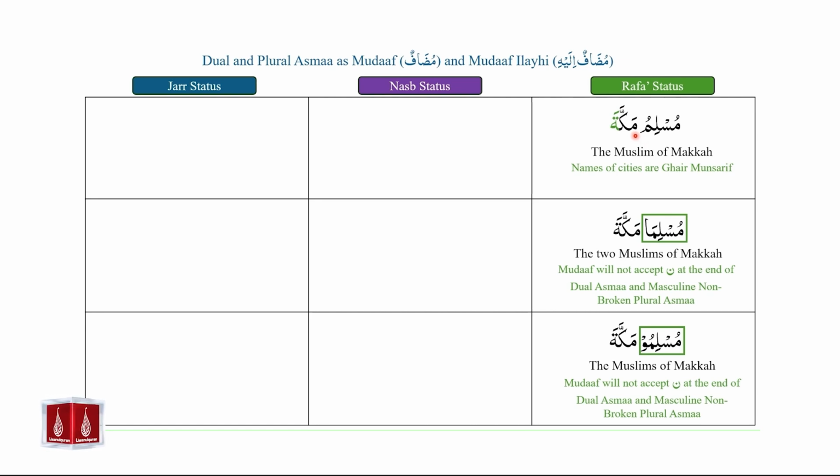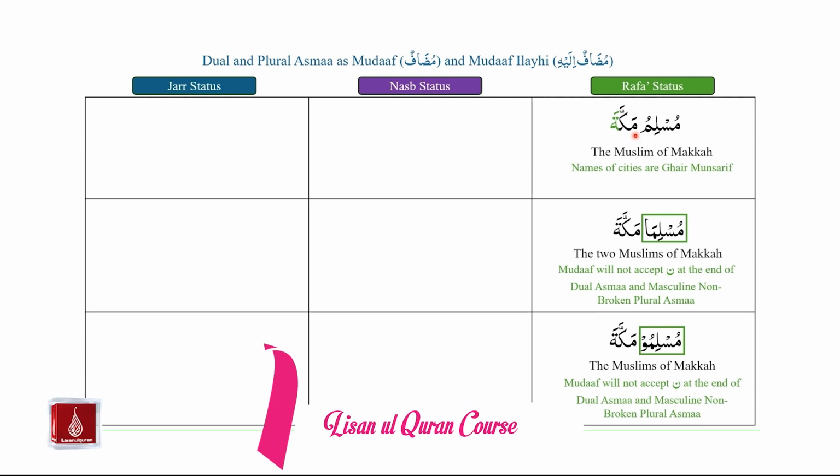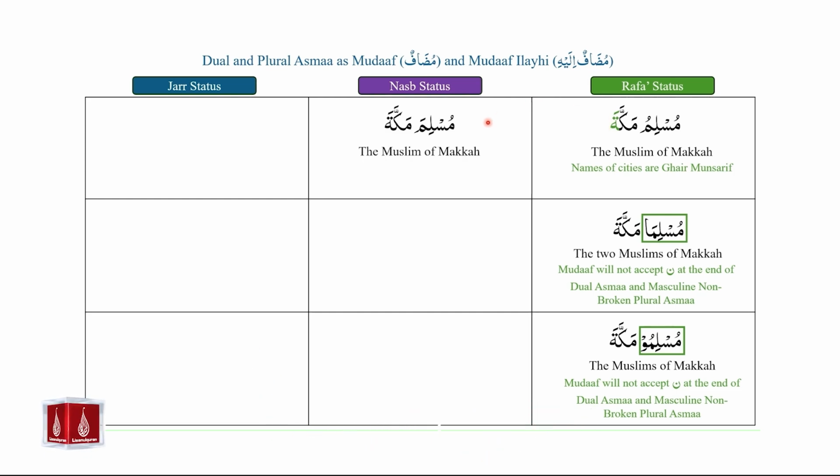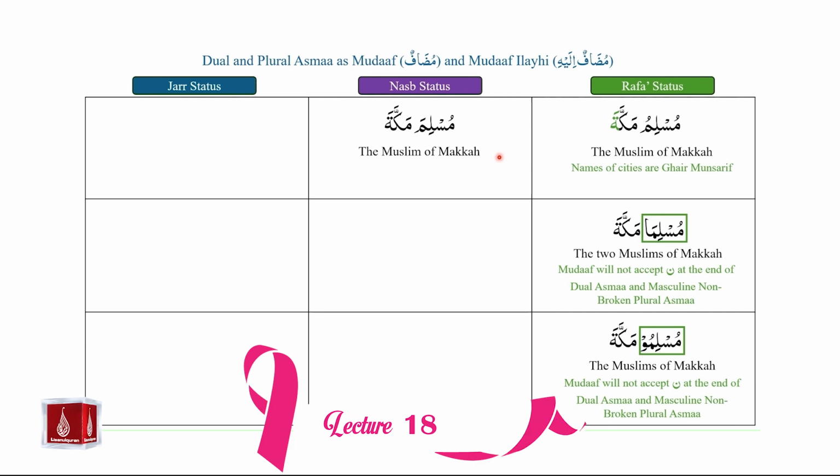Makkata is in jar status. It is majroor because it is mudaf ilayh. Muslimu Makkata in the nasab status will become Muslima Makkata. The meaning will stay the same, the Muslim of Makkah. Mudaf ilayh Makkata will continue to be majroor.